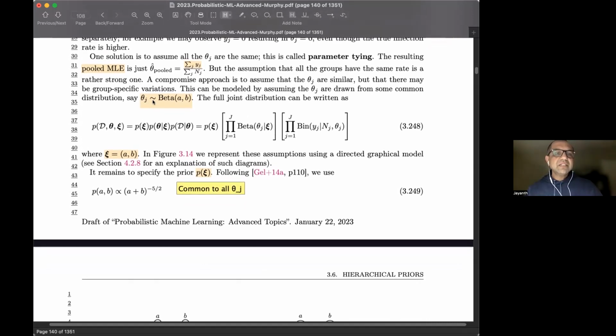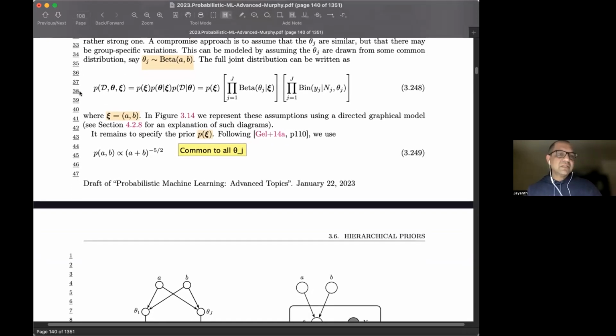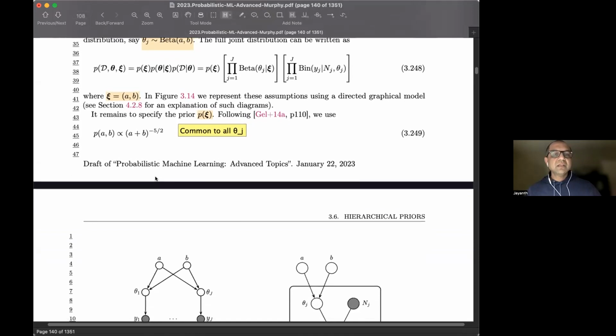And the theta j, in turn, we want to draw out of a beta distribution with parameters a and b. So the psi here is the a and b of this beta distribution. And so here's an expression for the joint probability distribution.